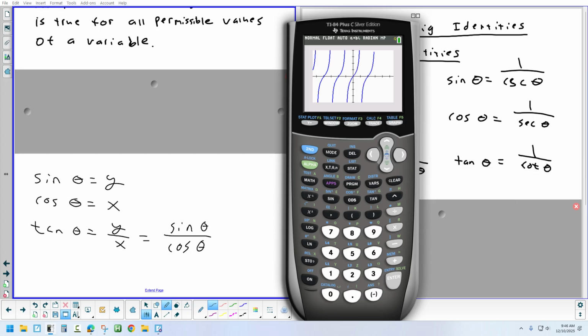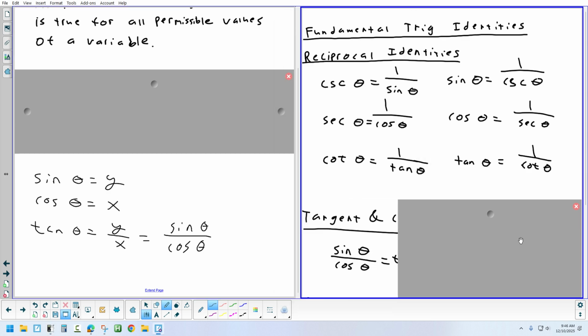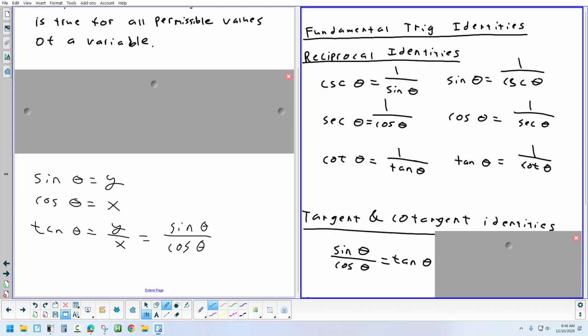And now watch what happens when we graph tangent. It's hard to tell, but it is tracing over the blue one in black. They're the same thing. So that is an identity. Sine divided by cosine will always give you tangent.